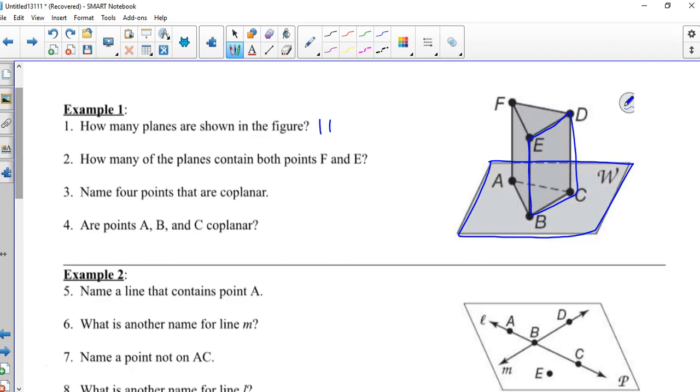That's two. We have this part of the prism. That's three. We have this back part of the prism. That's four. We have the top triangle. That's five. And we have the bottom triangle. That's six. So 6 planes.